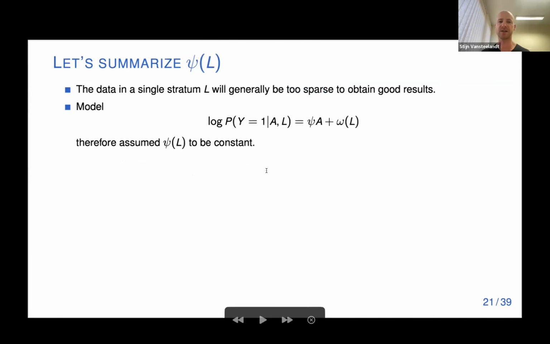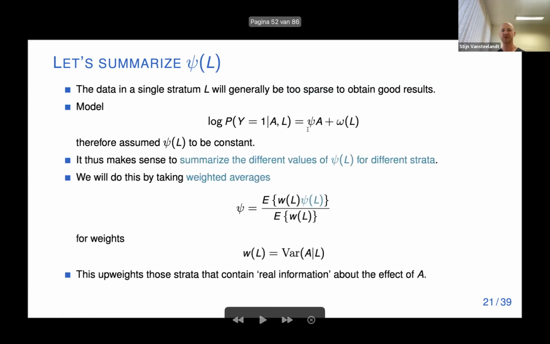Of course, the data in a single stratum will be too sparse to obtain good results. And this is why in traditional statistics, we would often want to work with a model like this that assumes the treatment effect to be constant. I'll not make that assumption, but instead I will summarize the different values of psi L for the different covariate strata.